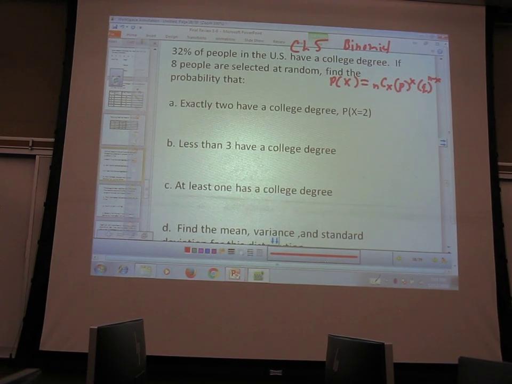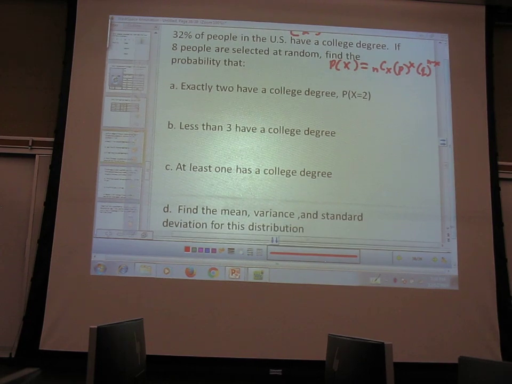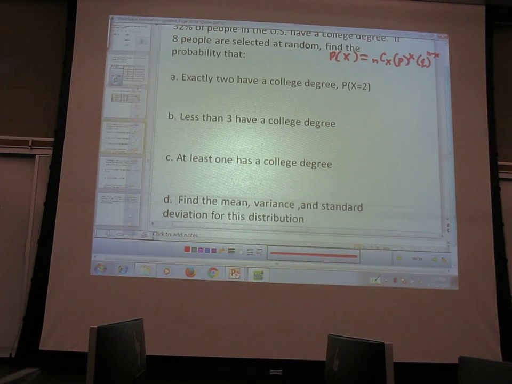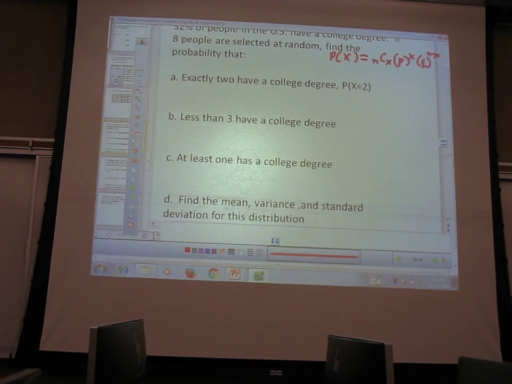Figure out what your n is, figure out what your x is, and figure out what your p and your q are. Is the probability 0.5, because either they have a degree or they don't? No?